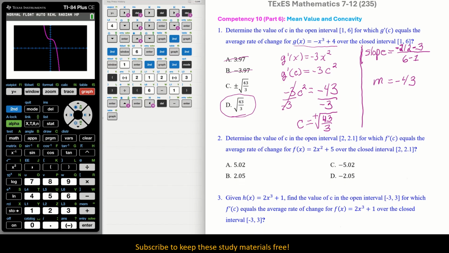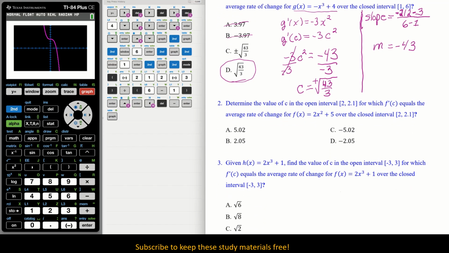Okay, let's go to number 2. All right, determine the value of C in the open interval of 2, 2.1 for which f prime of C equals the average rate of change for f of x equals 2x squared plus 5 over the closed interval of 2 to 2.1.